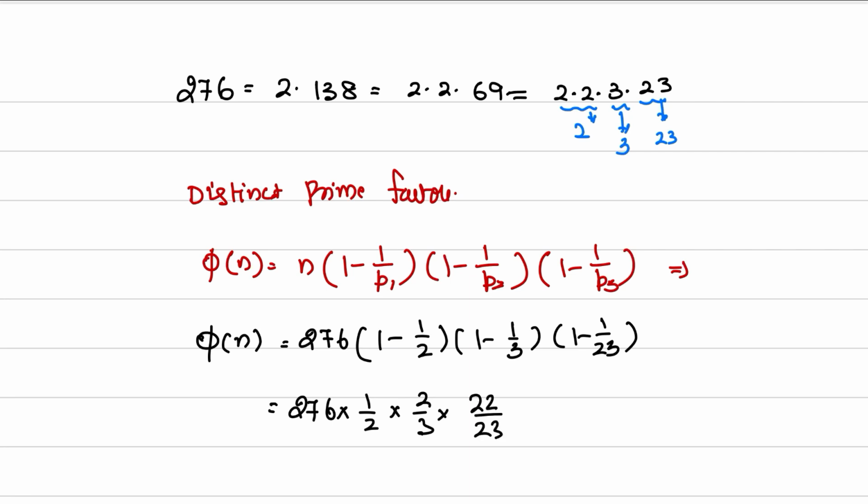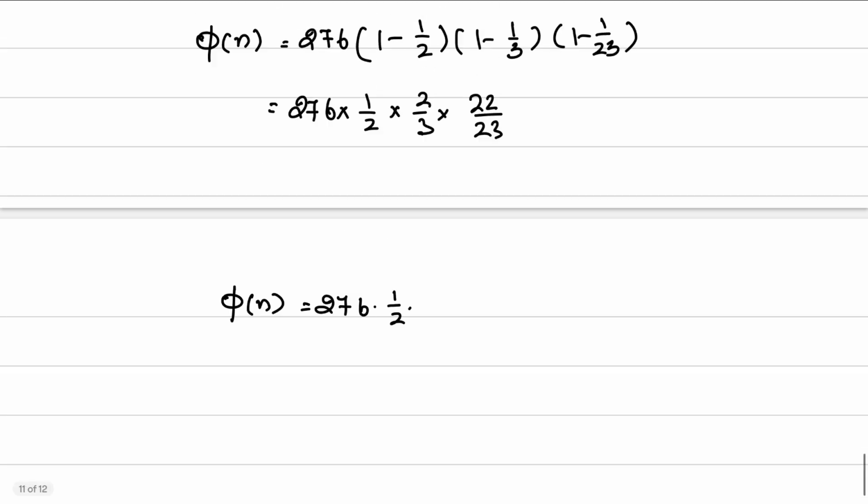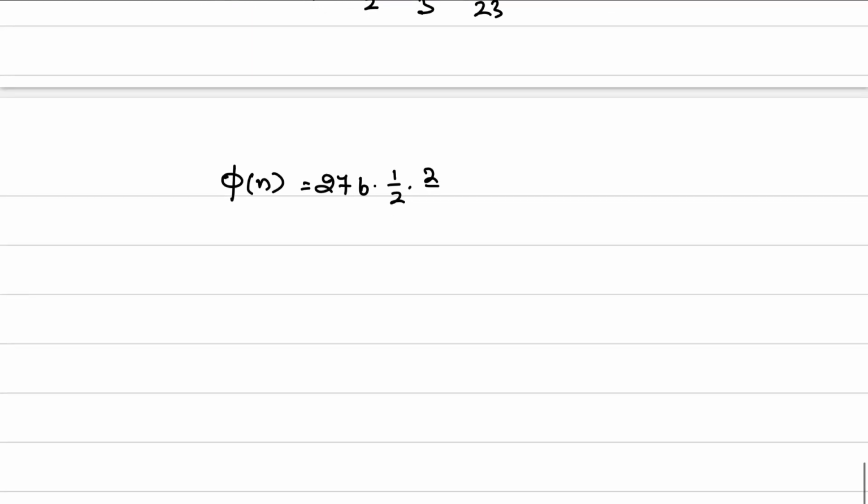Do you agree? That means the number of primitive roots phi n is equal to 276 into 1 by 2 into 2 by 3 into 22 by 23. Just find out this number.